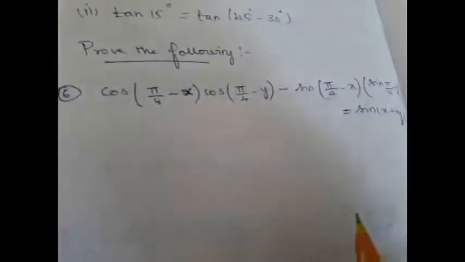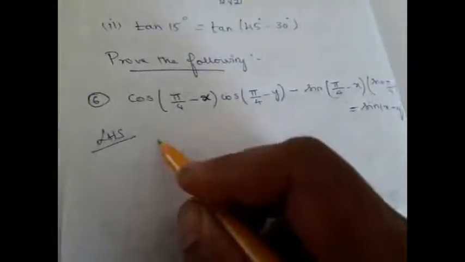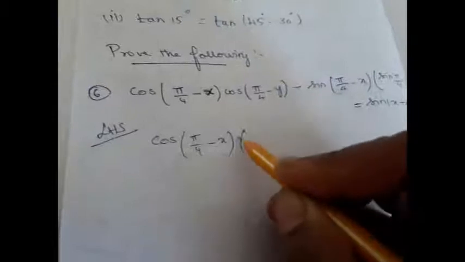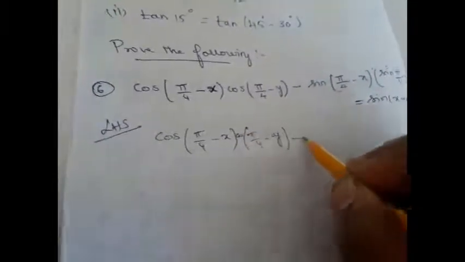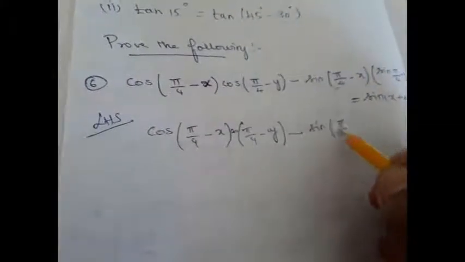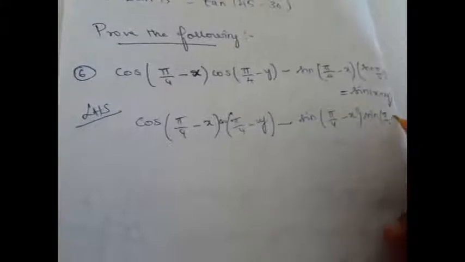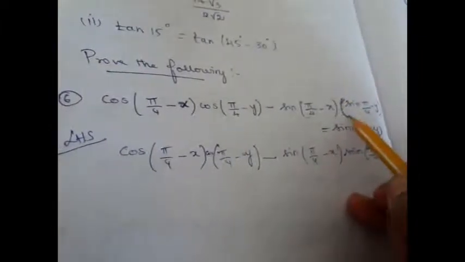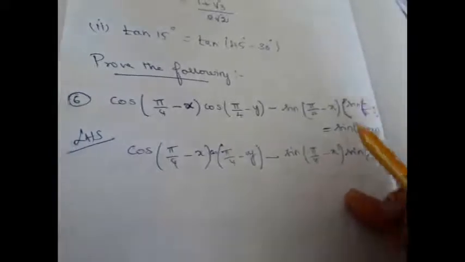It is cos A plus B. So take your left hand side: cos of pi by 4 minus x into cos of pi by 4 minus y, minus sin of pi by 4 minus x into sin of pi by 4 minus y. I am sorry, I made a mistake with the brackets. You should not put a bracket here, because it would mean sin pi by 4; it is sin of pi by 4 minus y.